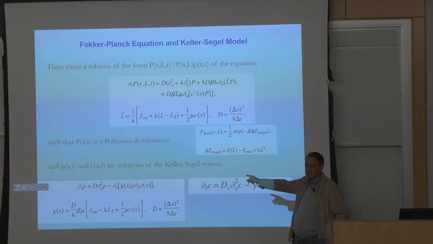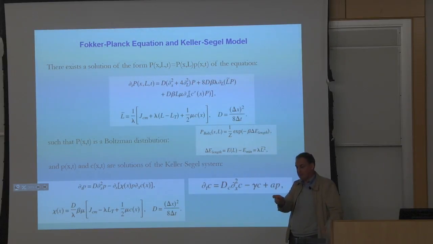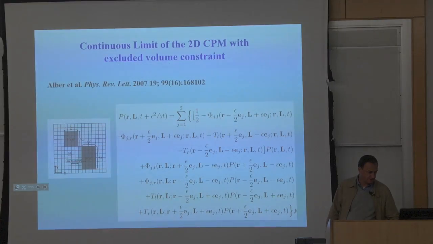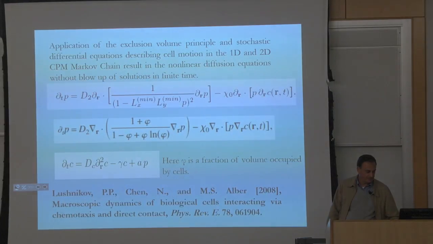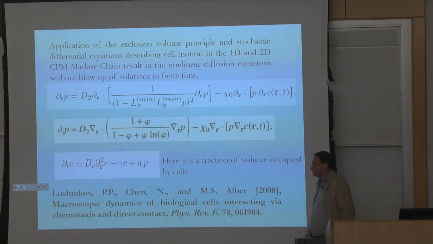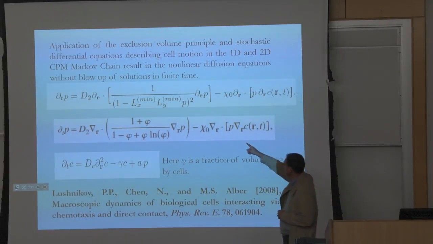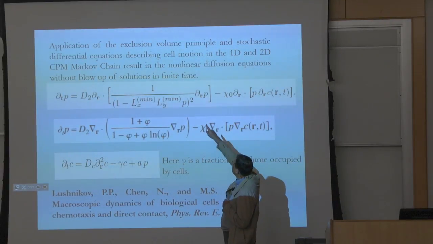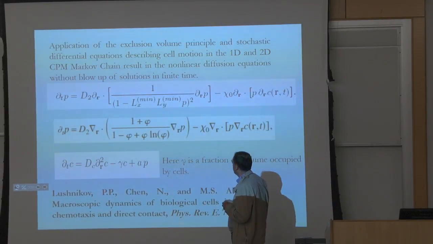But it doesn't happen with these systems because the cells actually have finite size. So when they get close to each other, the diffusion drops. So basically, what we get in this case, this is a two-dimensional case for the same system, is nonlinear diffusion. We also need to take into account the exclusion volume principle.